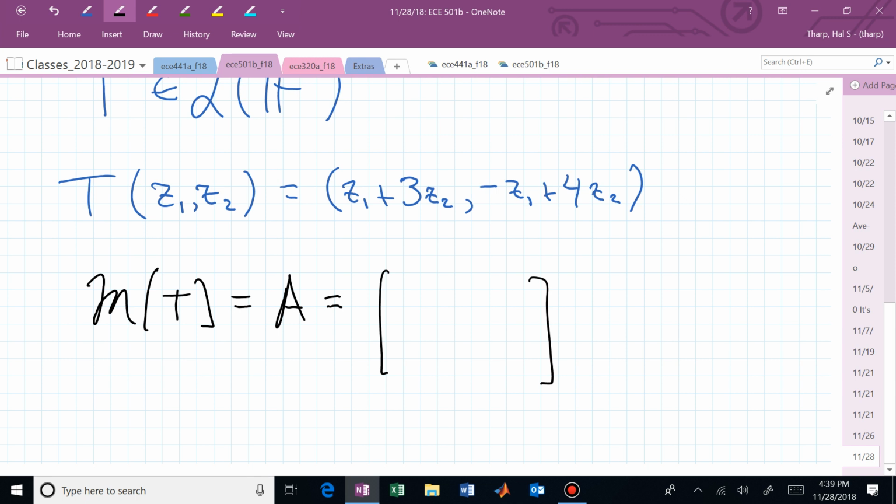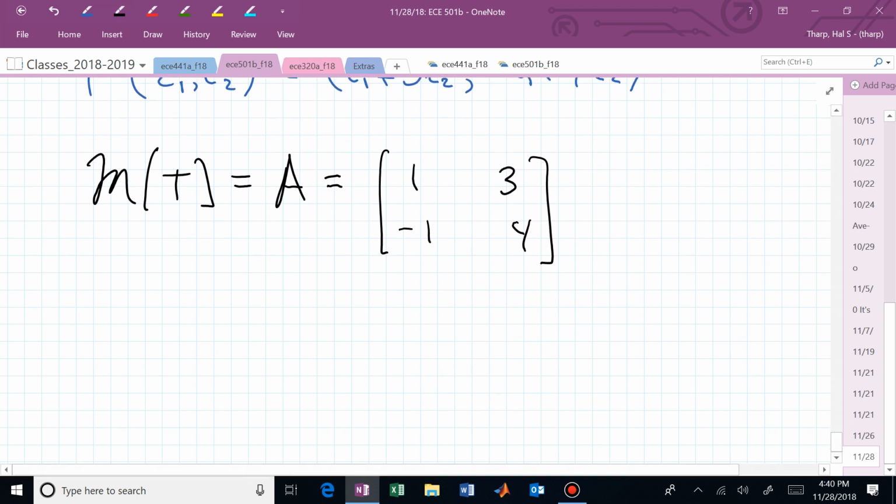And what are the elements in that matrix? Our top row is 1 and 3, and our bottom row is minus 1 and 4. Is A self-adjoint? No, it would need to be symmetric, wouldn't it? If we took the transpose, it would have to equal itself. So this is just a generic operator, T.